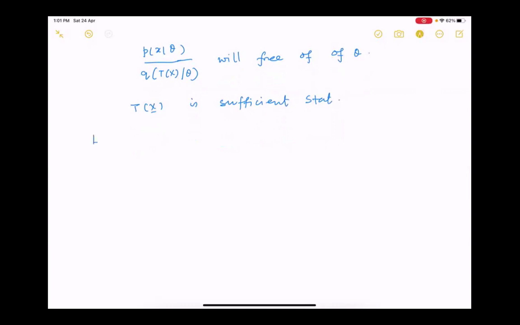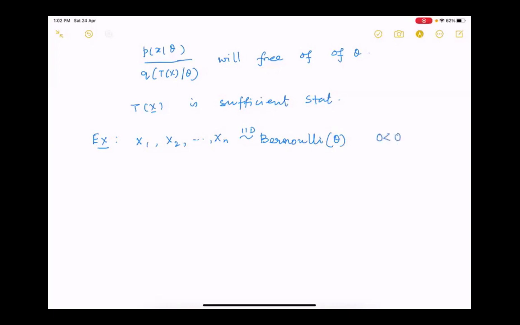Okay. So the most popular example is that X1, X2, ..., Xn are IID random samples from Bernoulli(theta).